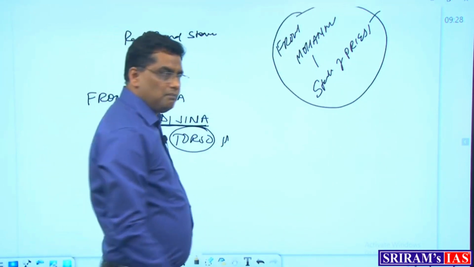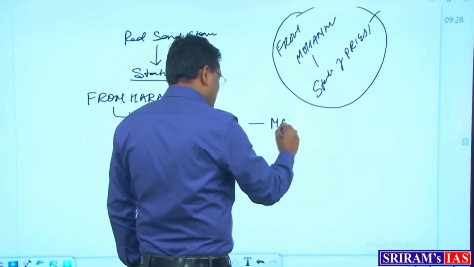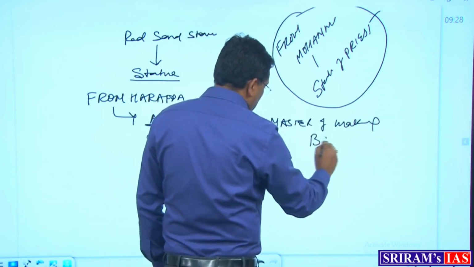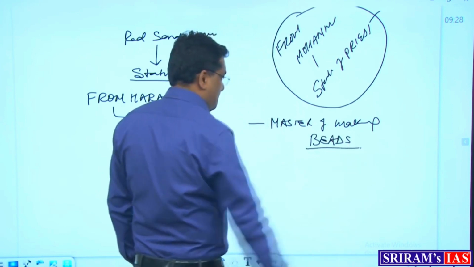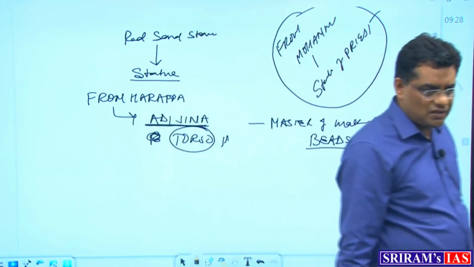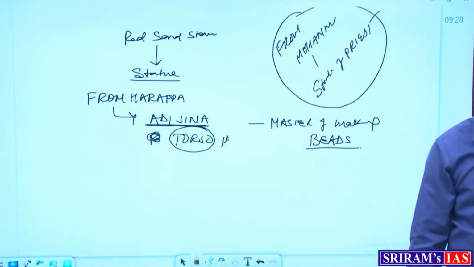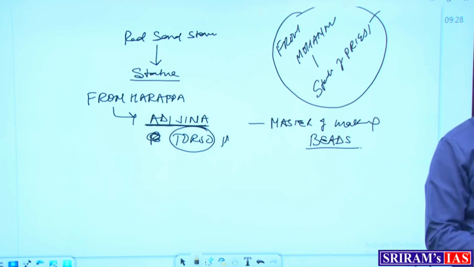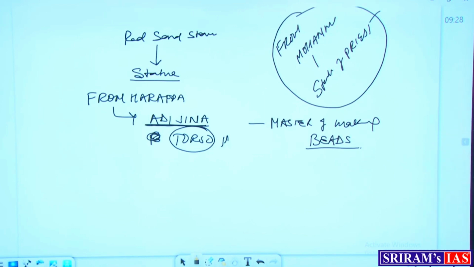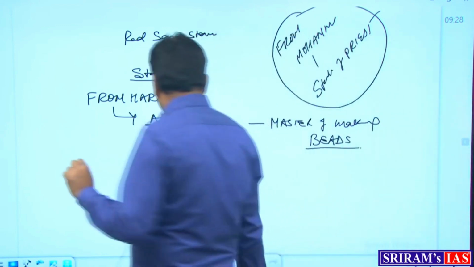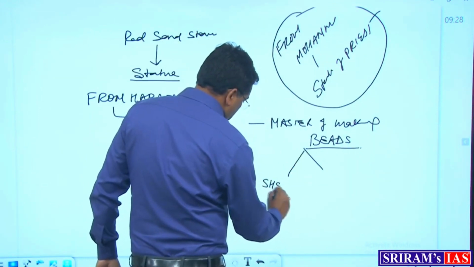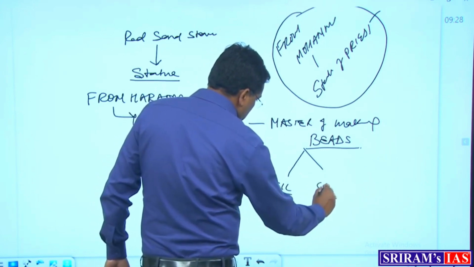Harappans were masters of making beads. Beads are back in fashion these days. You started using beads like anything, but Harappans were using big beads. The beads were made up of two stones, sill and carnelian.